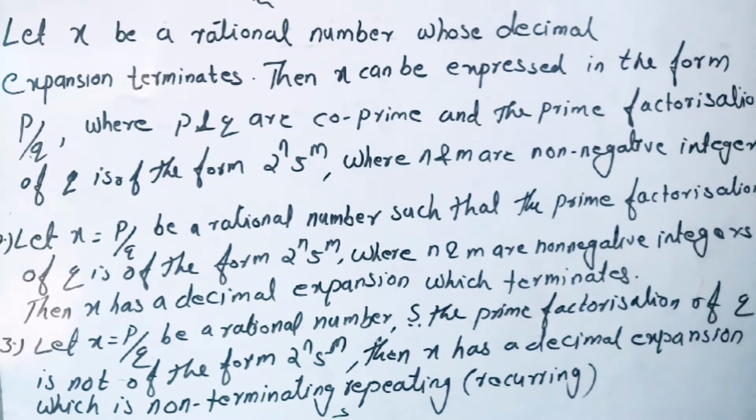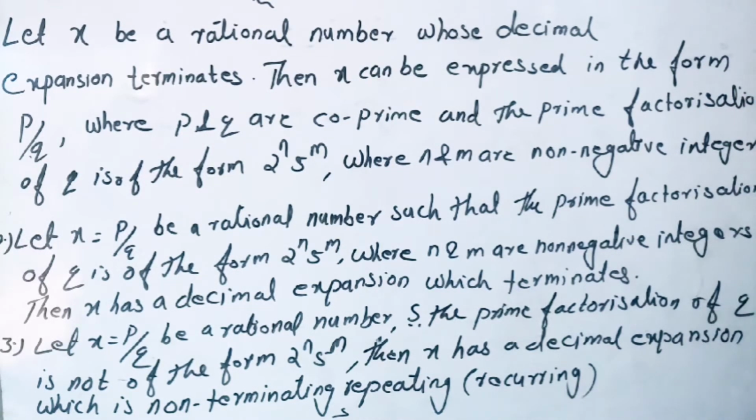X will be given in the form p by q. The first step is to find the prime factorization of p and q, and if there is any common factor, just cancel it and consider the very smallest form.